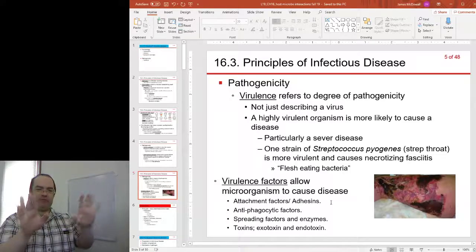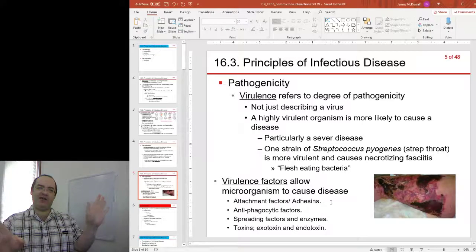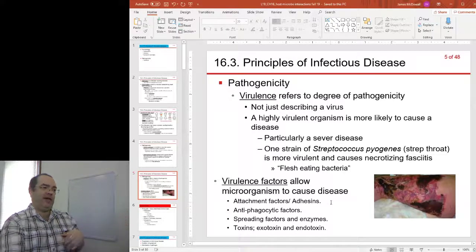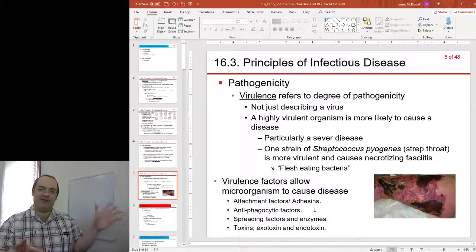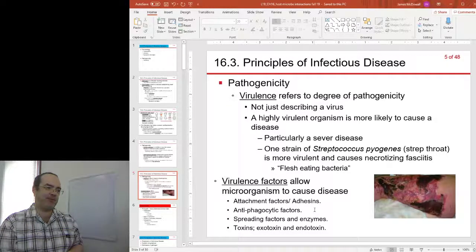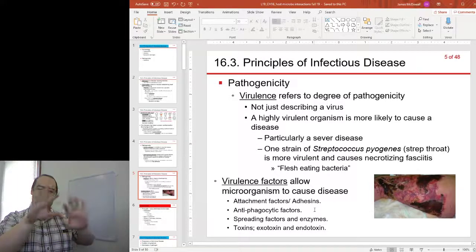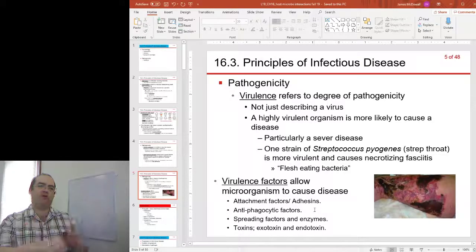So a bacteria that can attach better than another bacteria is more virulent. A bacteria that can survive better than another bacteria is more virulent. A bacteria that can spread from person to person more easily is more virulent. A bacteria that makes toxins, etc. All these things are important.